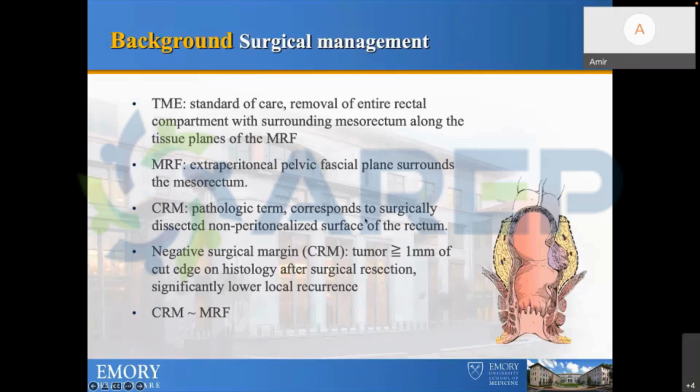Okay, so in terms of surgical management, I want to introduce and define a few terms that radiologists need to know about.